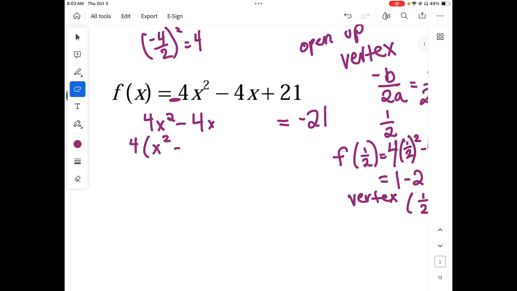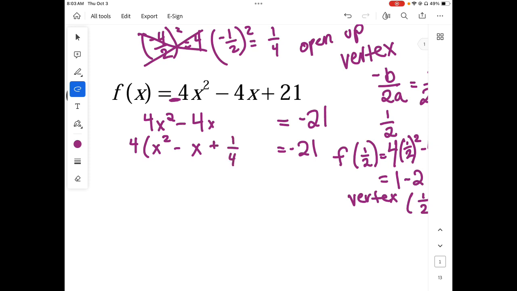Whenever I factor it out, that becomes just x. Okay, so now instead of doing that, I'm going to do negative 1 divided by 2 squared, which is 1/4. So that's what's going to be added to both sides. But 4 times 1/4 is actually 1, so I'm going to do plus 1 on both sides.